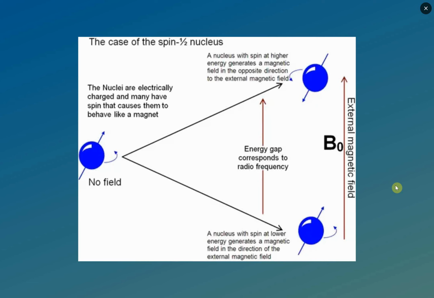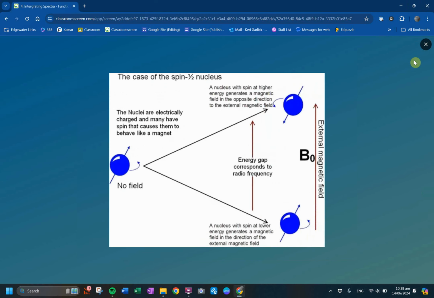What we do in CNMR is we measure the difference between the low and the high energy states. Now, different carbon environments will have different energy levels because the carbon that's involved in those bonds is influenced by what else is attached to it. So, let me go to the next stage.